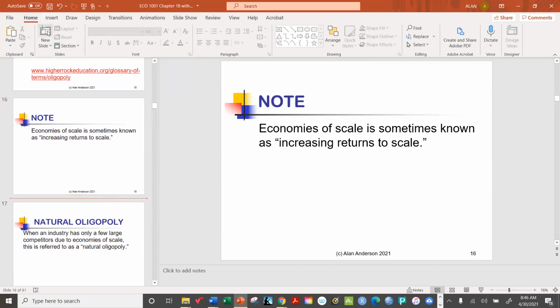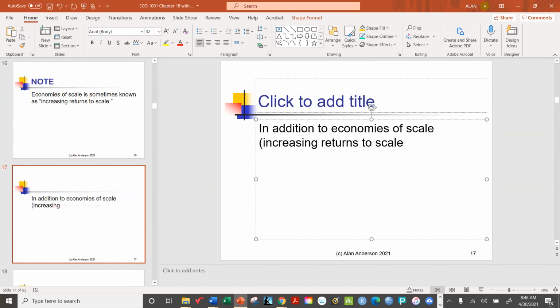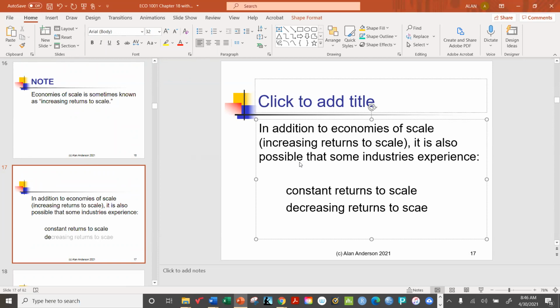All right, so with that being said, in addition to economies of scale or increasing returns to scale, it is also possible that some industries experience two other possibilities, which are constant returns to scale and decreasing returns to scale, which is also known as diseconomies of scale.